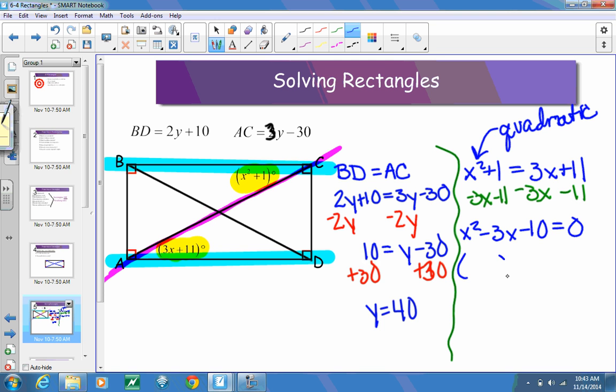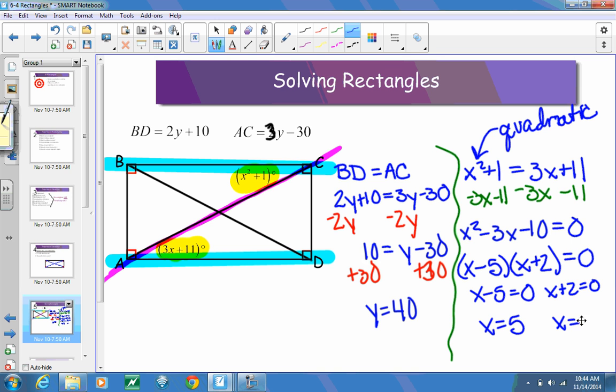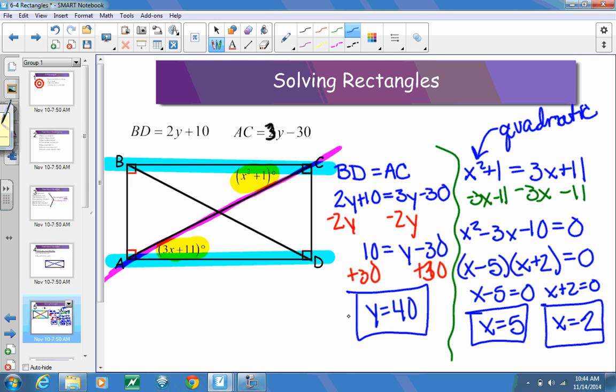Factoring this out, looking for 2 numbers that are going to multiply together to get negative 10 and add together to get negative 3. x minus 5 and x plus 2. And now x minus 5 equals 0, x plus 2 equals 0. So x is going to equal positive 5 and x is going to equal negative 2. So I have 2 solutions for our value of x, 1 solution for y.